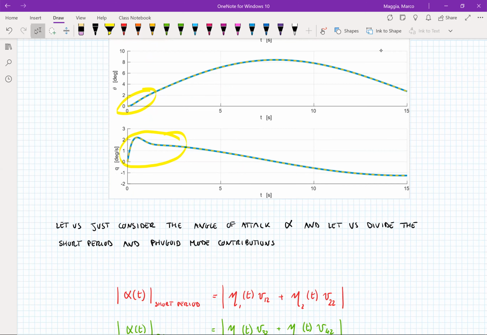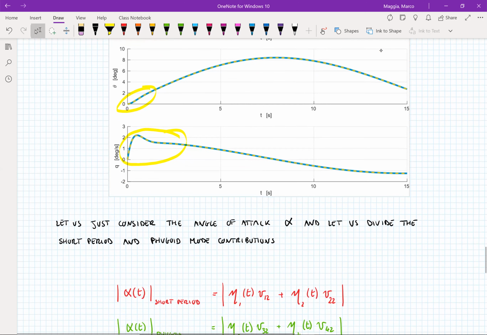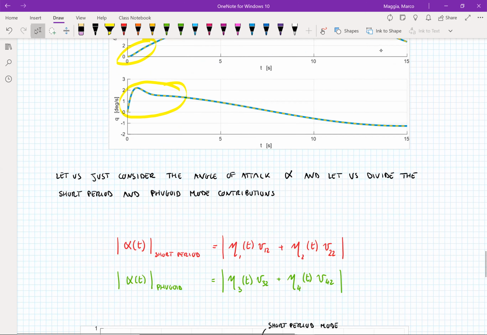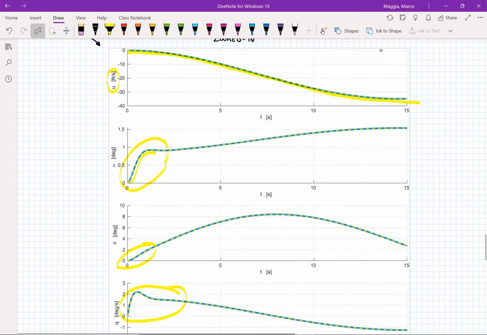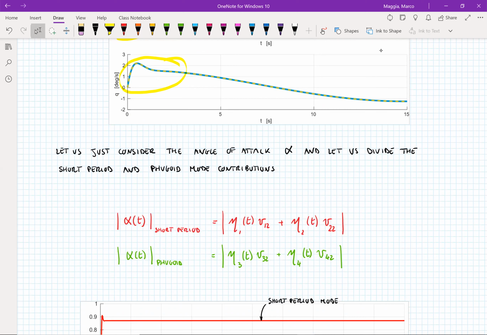All right, so now let's just focus on one of the states, namely the angle of attack, and let's divide the contribution of the short period mode and the phugoid mode. So remember, the short period mode is the contribution of modal amplitude 1 and 2. So I'm going to just take the absolute value of that.